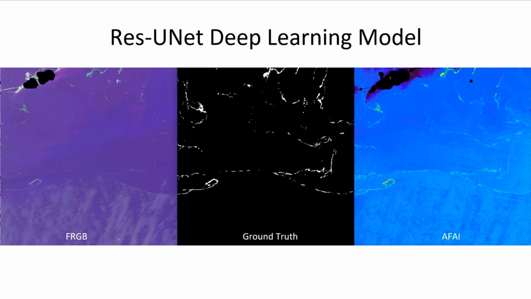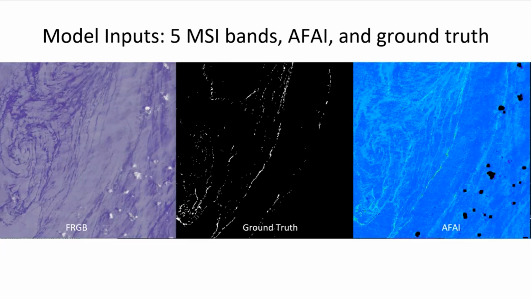So I select everything that truly is sargassum and hope that the model learns. And I do this for different seasons, different sun conditions. Here's what it looks like under clouds, etc. I try to give it the best information and the best chance of a good output. So in goes my 5 bands, the floating algae index, and my ground truth delineated images.